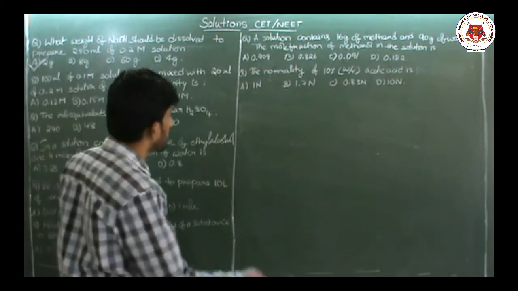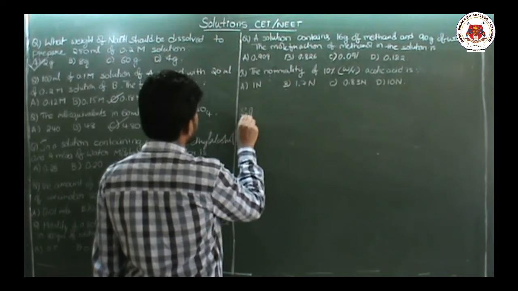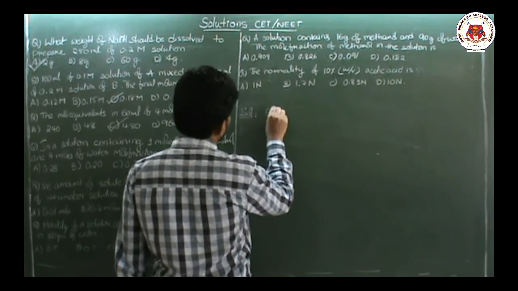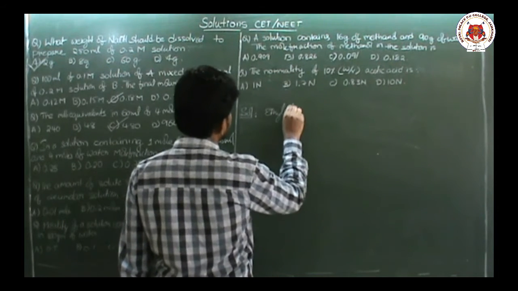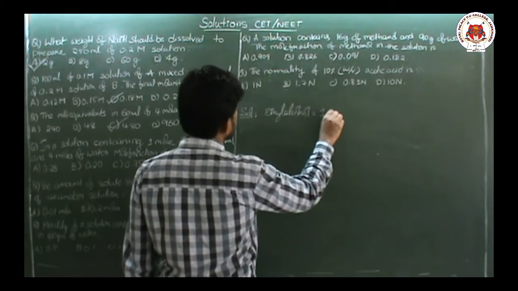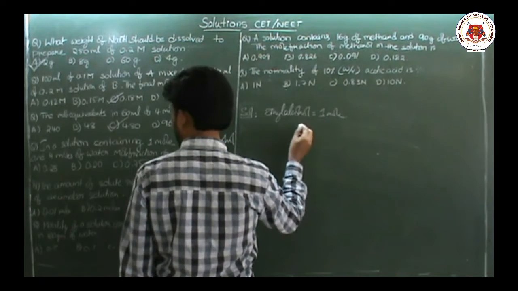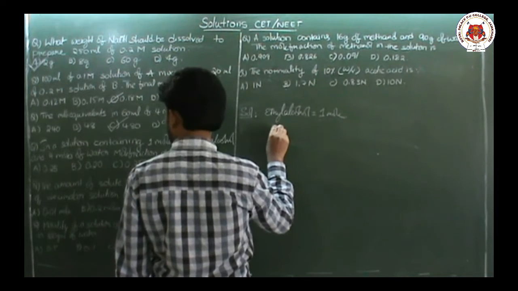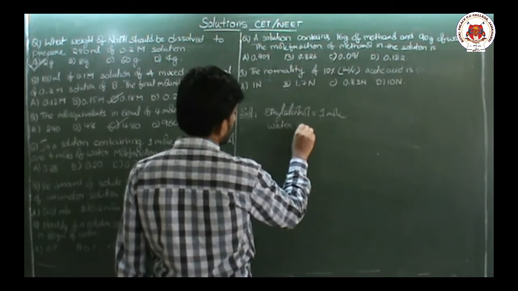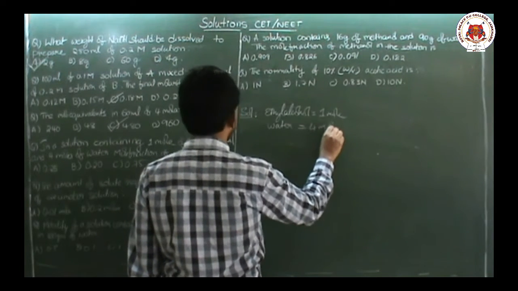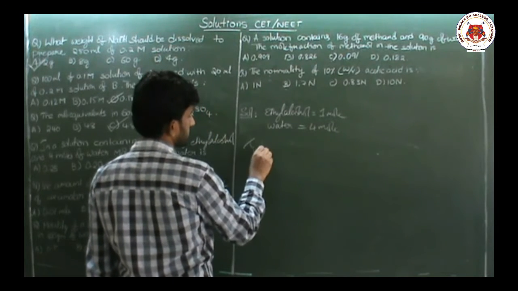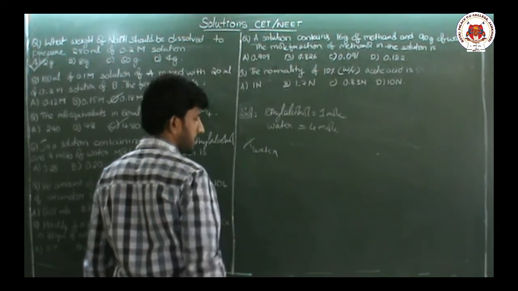The solution contains ethyl alcohol 1 mole and water 4 moles. What is the mole fraction of water?